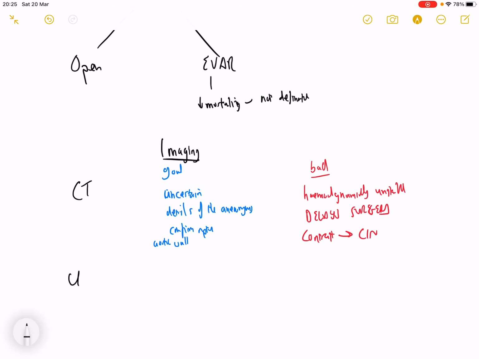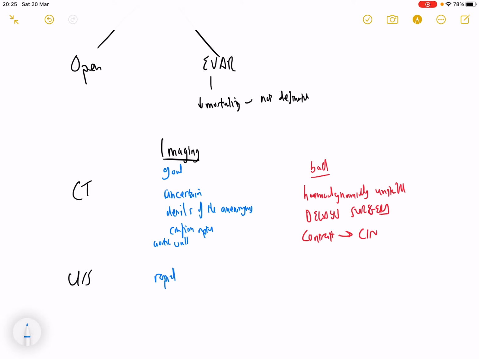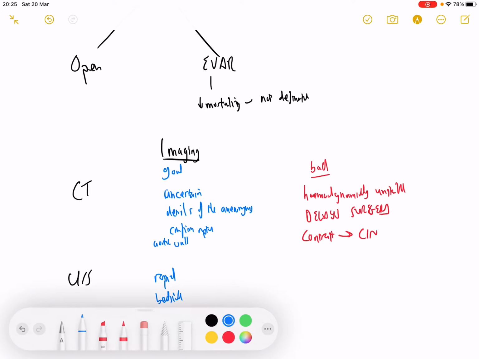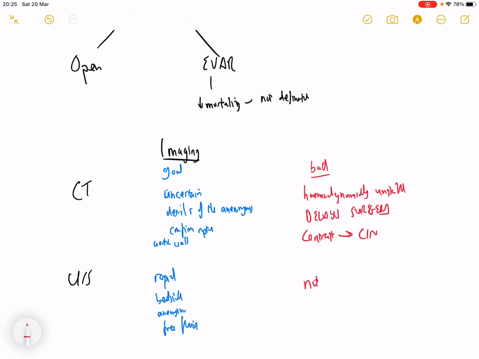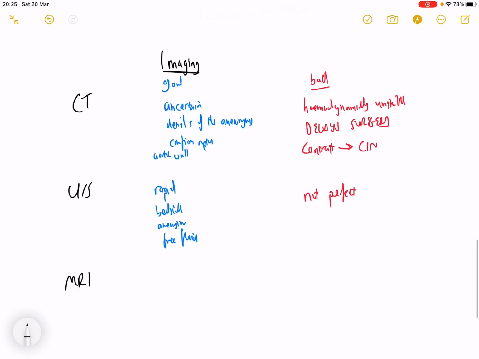You could do an ultrasound or a fast scan. And this is rapid and it's bedside, and you can see the aneurysm, but more often you can see free fluid. Problem is, it's not perfect. There's an MRI.